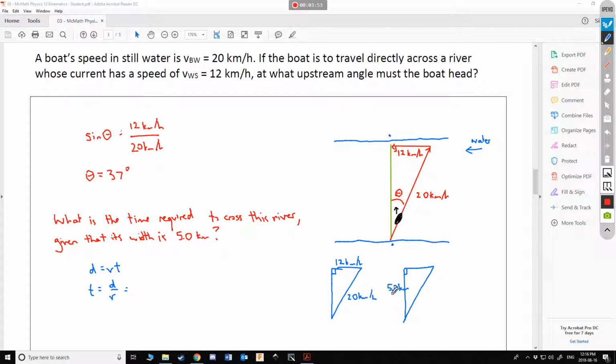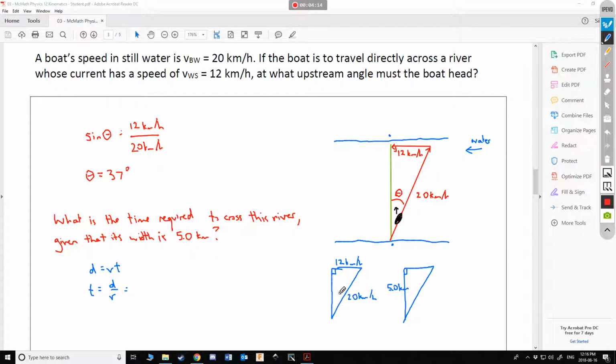If I want to solve for time, I need to find what velocity corresponds to this distance or displacement. Alternatively, I can also use the 20 kilometers per hour along with this distance right here. Or I can use this 12 kilometers per hour with this distance, the river one.